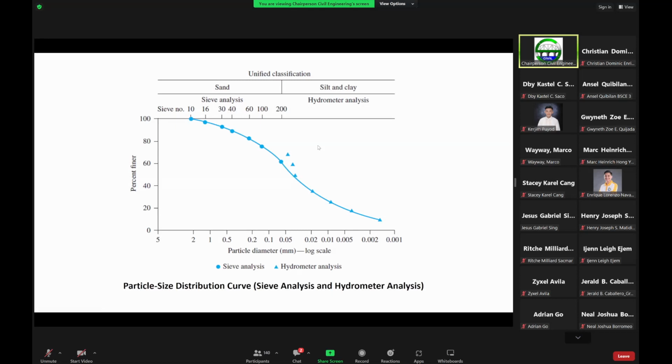Again, in the USCS classification system, down to sieve number 200 is still considered sand using sieve analysis, but beyond that number 200 sieve, smaller than 0.075 millimeters, you already have the silts and the clays determined by the hydrometer analysis.